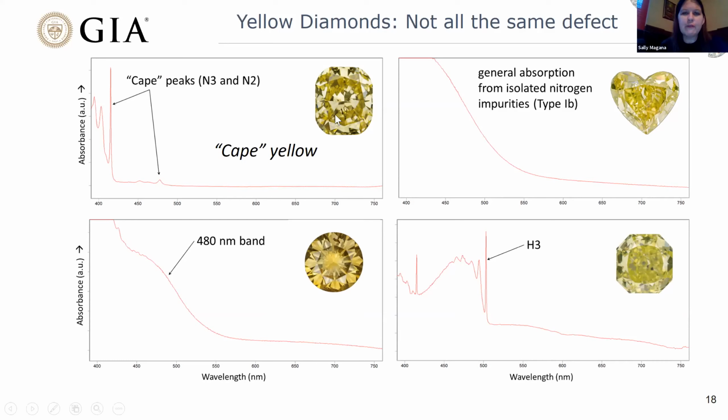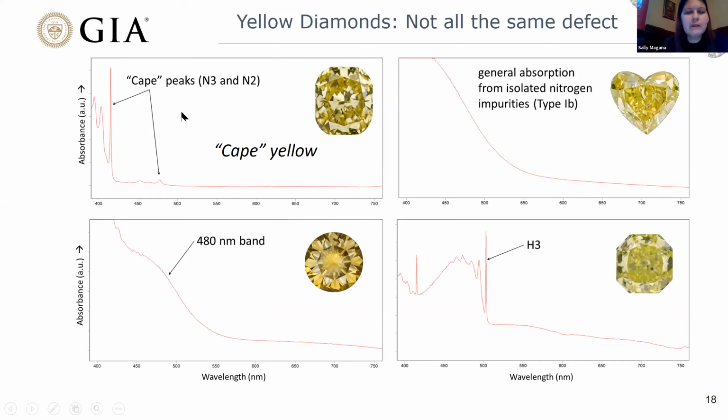And you can tell that they all have very similar color appearance, but their spectra are distinctly different. And it's important from looking at the spectra to know, because then that tells us a lot about potential history, whether a diamond could possibly be treated or lab grown, or if the color is definitely natural.